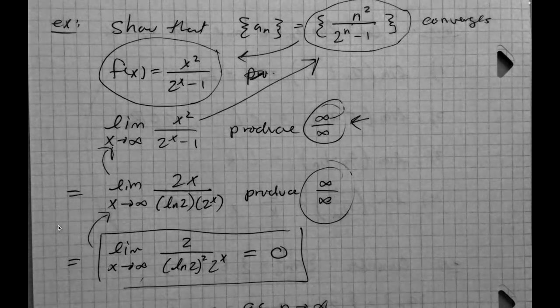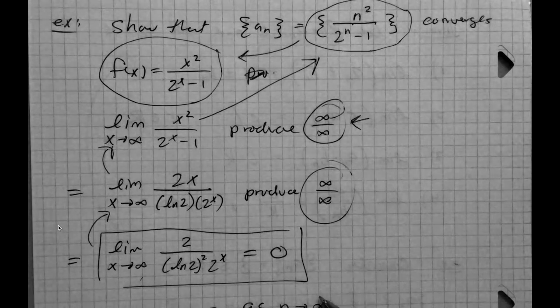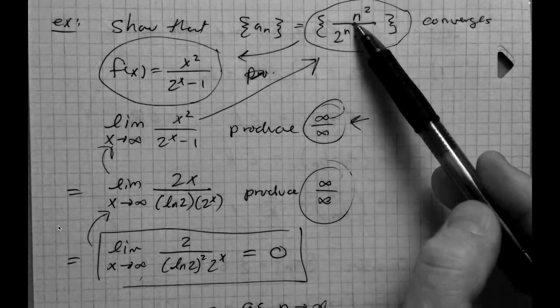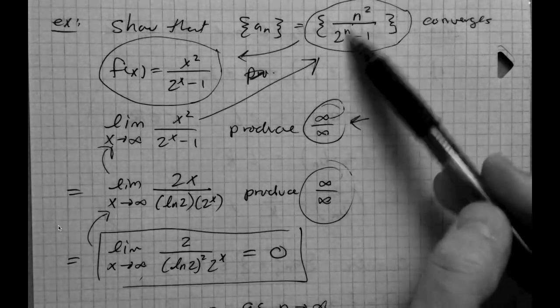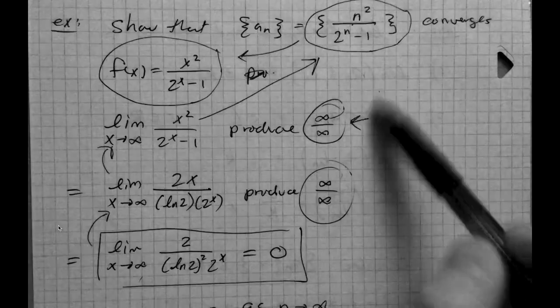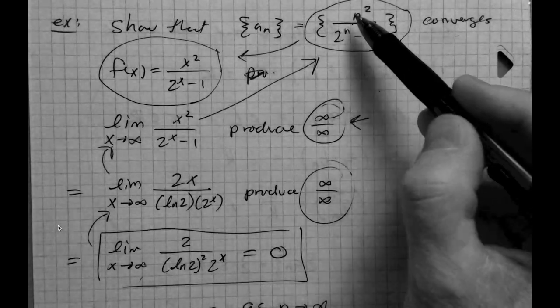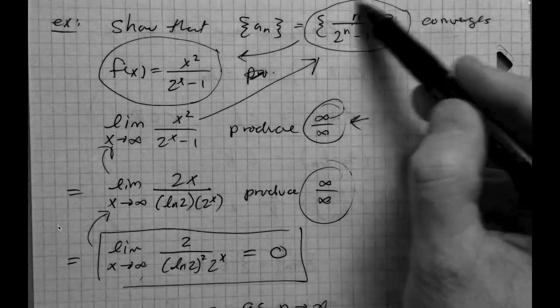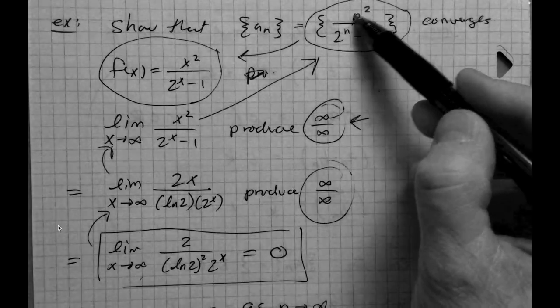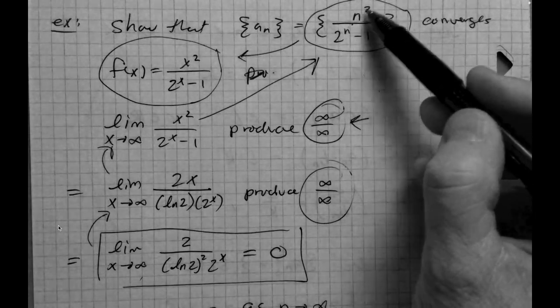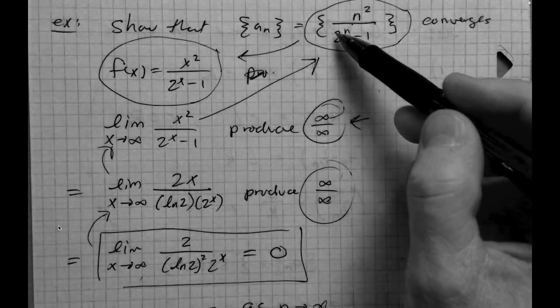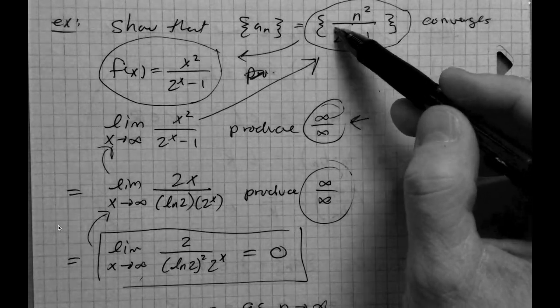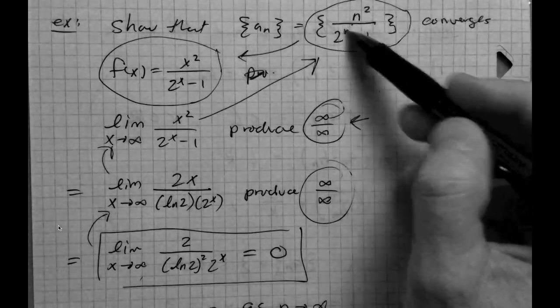Now hopefully that is reasonable here. It would make sense if you look at this. It should make sense that this numerator is going to grow pretty fast, as n is being squared successively, but this denominator is going to grow quite a bit faster, because as n grows, we're increasing the exponent here.